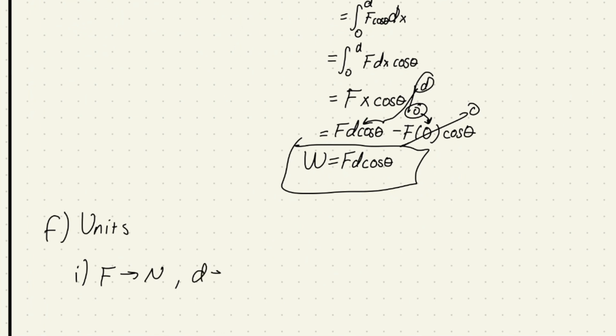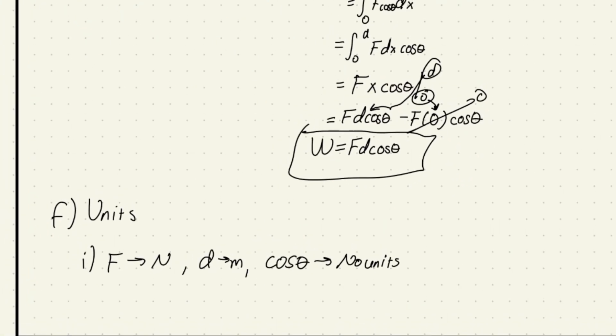Units of distance or displacement, that's going to be meters. And then we have this cosine theta thing, which has no units. So cosine theta is a unitless thing. So my end result is that I get a force of newtons times a meter, and we call that a joule. Give it the capital letter J as our symbol.